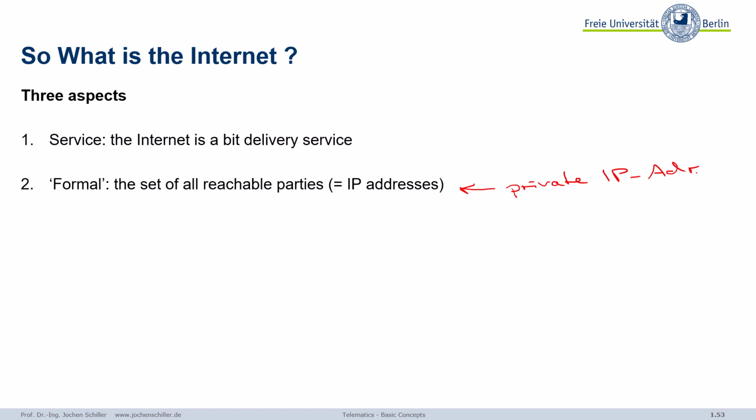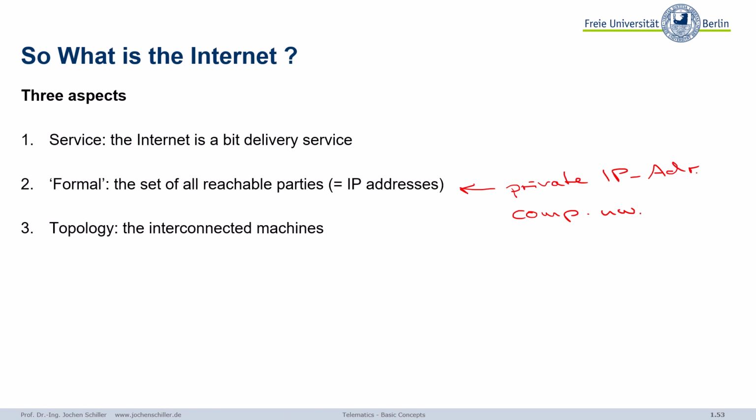So that's another aspect, a set of all reachable parties. What happens with company networks? Company networks, you also cannot reach from the internet. Are they part of the internet? Yes and no. Yes, they can access services from the internet, but no, you cannot reach them.